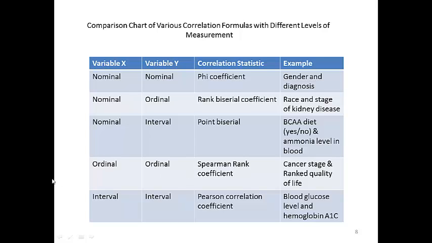What if we wanted to see if there was a correlation between, let's say, income rank and BMI rank? We would use the Spearman's coefficient. Note that SPSS treats these the same. When our data are interval level, both of them, we'll use the Pearson's R, such as blood glucose and A1C.